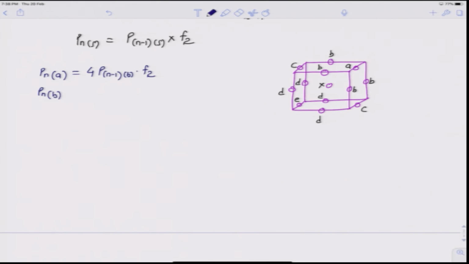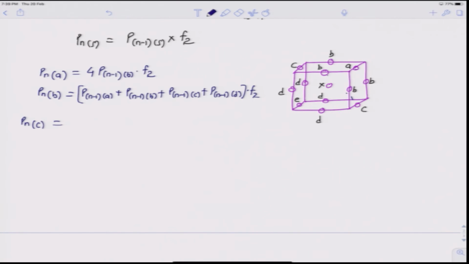Similarly, if we consider Pn of B, if we consider any B atom here, the nearest neighbors of B and X contain one A site, then one B type of site here, then one C site and one D site. So, this would be P n minus 1 of A plus P n minus 1 of B plus P n minus 1 of C plus P n minus 1 of D times F2.